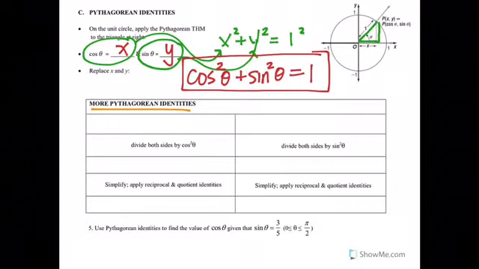It shows that there's a relationship between the cosine and the sine. We can use this Pythagorean identity to solve for other Pythagorean identities. Start with the original Pythagorean identity. Divide both sides by cosine squared theta.